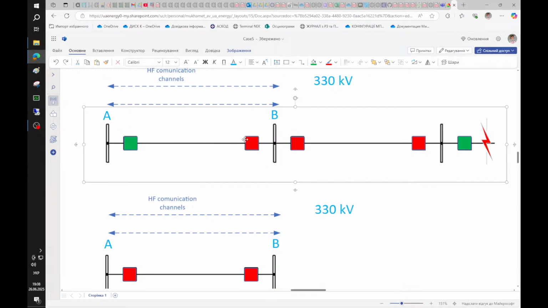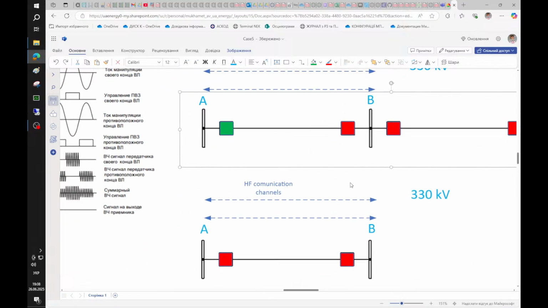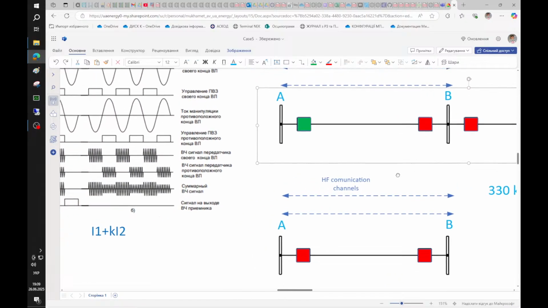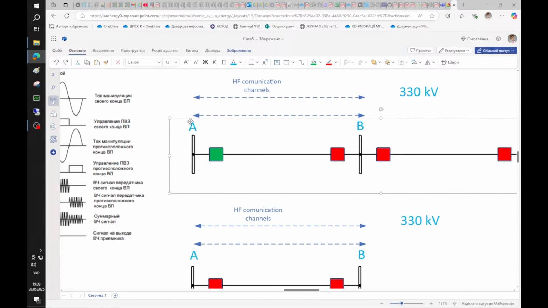The problem was with the substation B relay, because it saw the primary values as much lower than they should be, and the relay did not even start. So from this side, the substation A side, we received this signal with pauses, and protection from that end tripped.